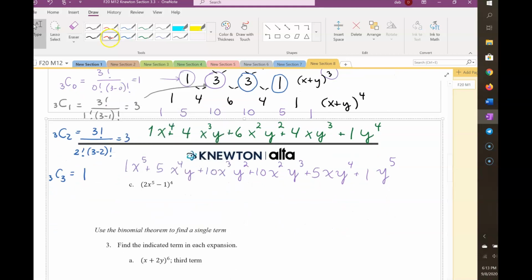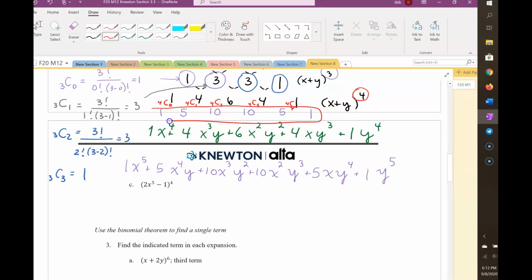So when the exponent is 4, this row is 4 choose 0, 4 choose 1, 4 choose 2, 4 choose 3, and 4 choose 4. You can verify that. Now let's look at this bottom row that we were working on to notice how it became the coefficients.